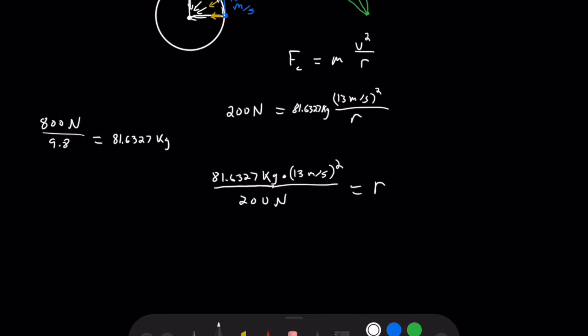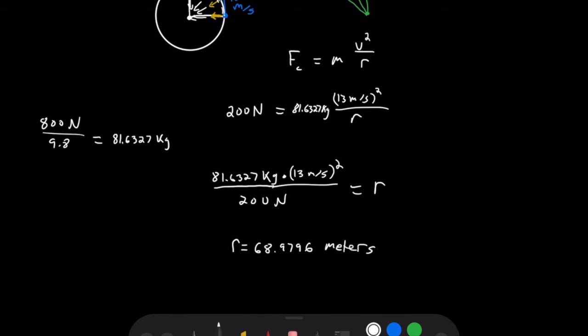7 times. Okay, so our r is representative in meters of our distance from the center of where the friction is seeking.